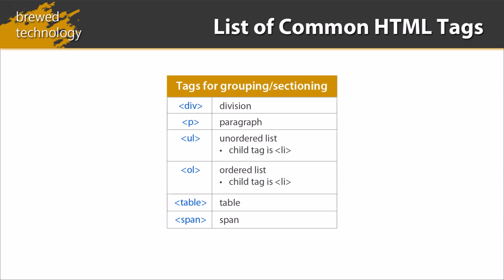We will start learning the basic tags for grouping or sectioning parts of a web page. These tags are div for division, p for paragraph, ul for unordered list, ol for ordered list, table, and span.